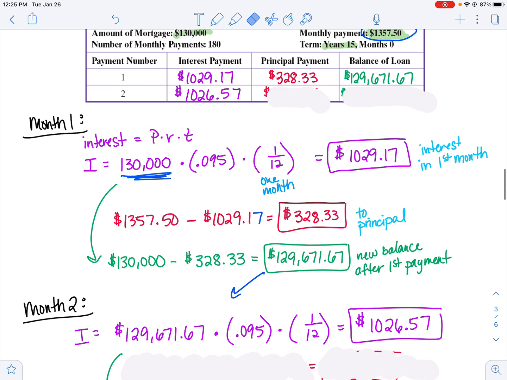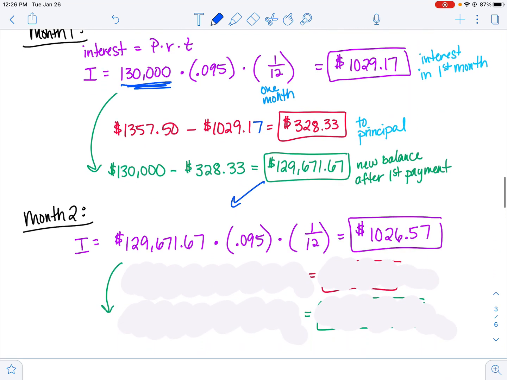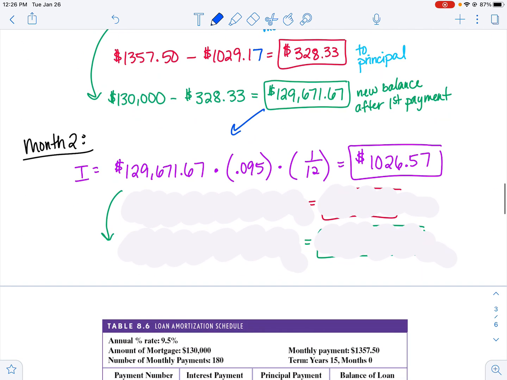You can see that a little less went to interest on that second month. And every time I make a payment, less and less and less of my payment is going to go toward interest, and hopefully more of it is going to go toward paying off my home. So you can kind of see that even though it's a little bit, it adds up every single month for the next 15 years. Let's figure out then, if $1,026 of my payment goes to interest, what's the rest that goes to the balance?